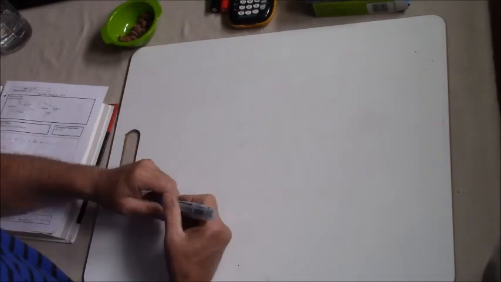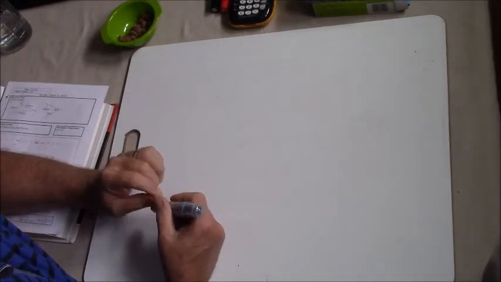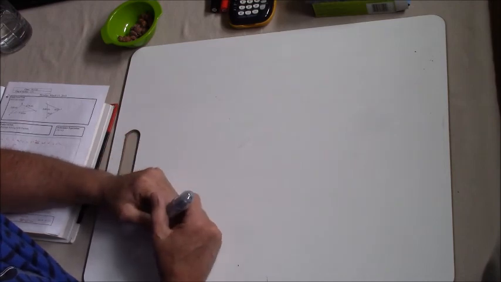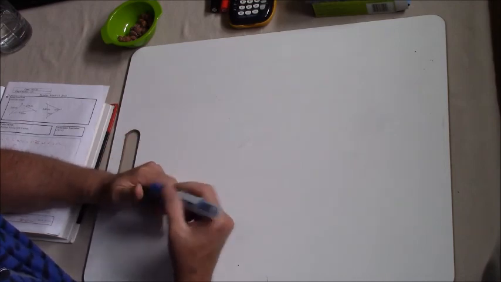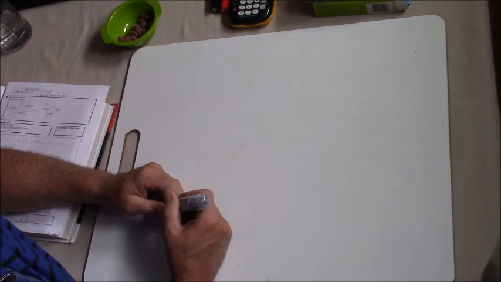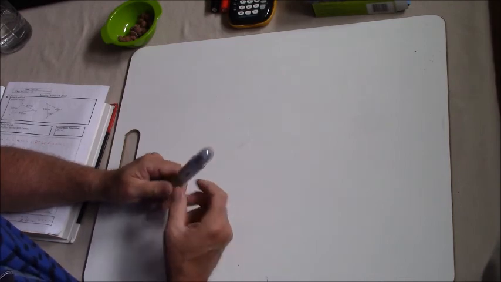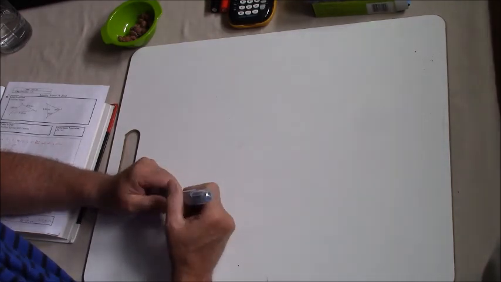Yesterday we were talking about this idea of two vectors and adding those together. And if I can get them in component form, then it's really easy to add those together, okay?